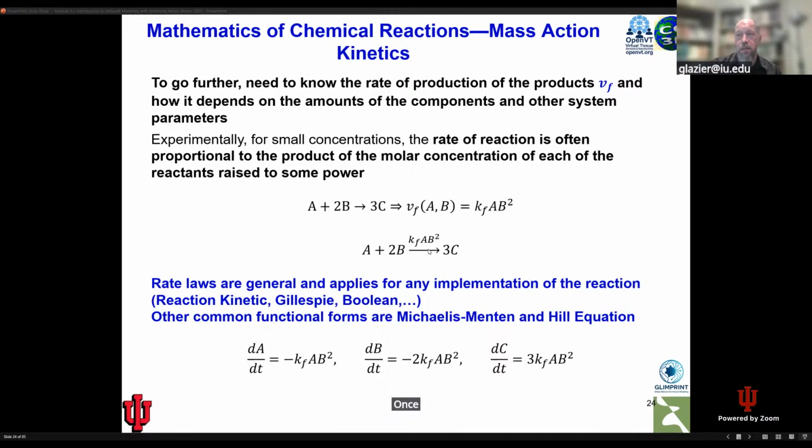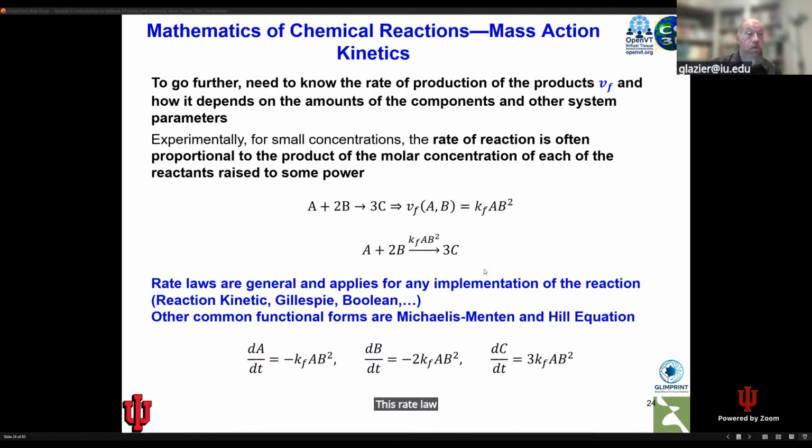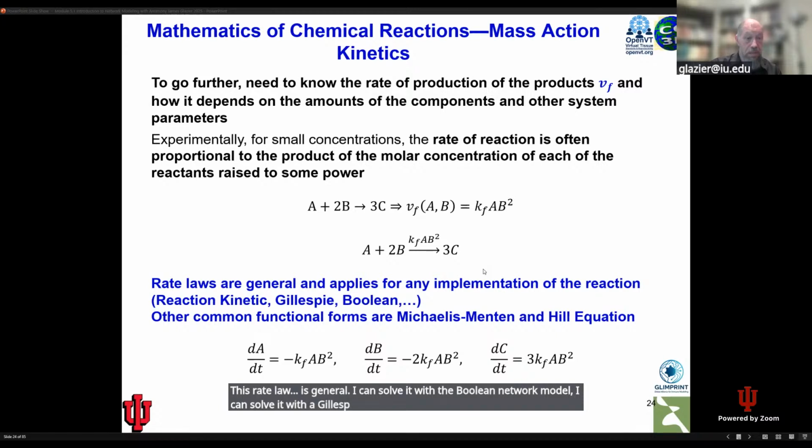Once I have a mass action rate law, for example, I can write A plus 2B goes to 3C at a rate, Kf, reaction rate, times the concentration of A times the concentration of B squared. This rate law is general. I can solve it with a Boolean network model. I can solve it with a Gillespie solver, stochastic solver.